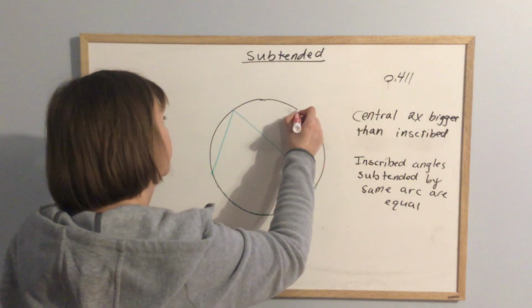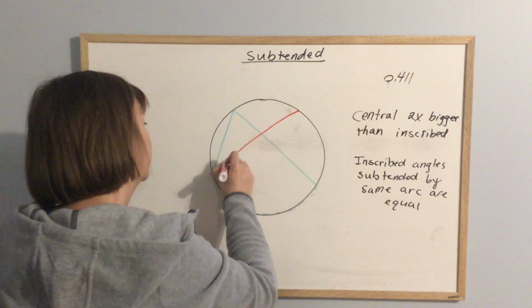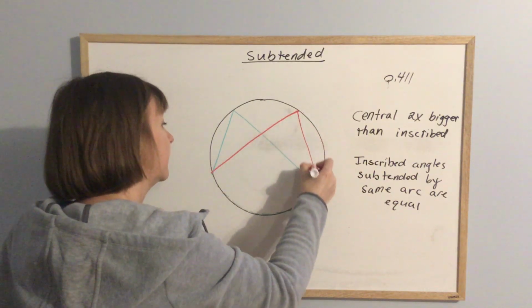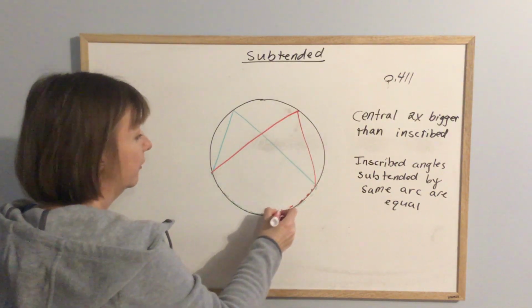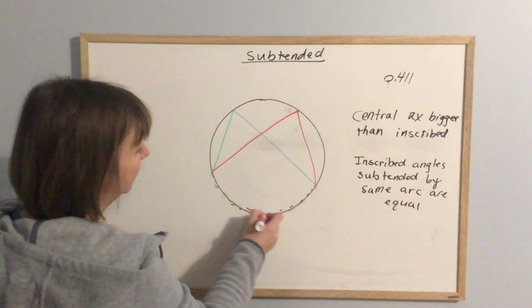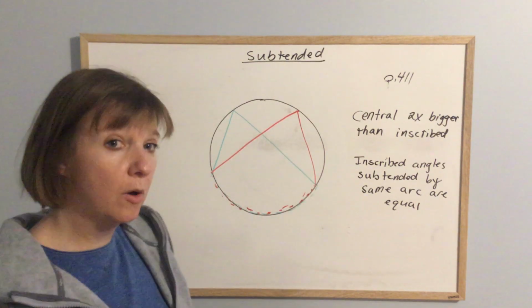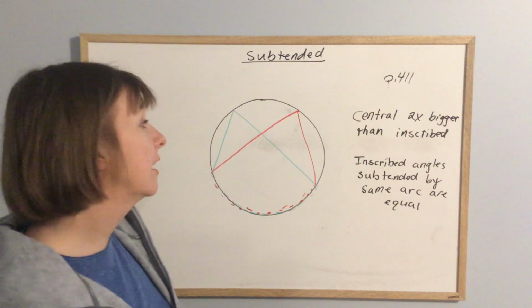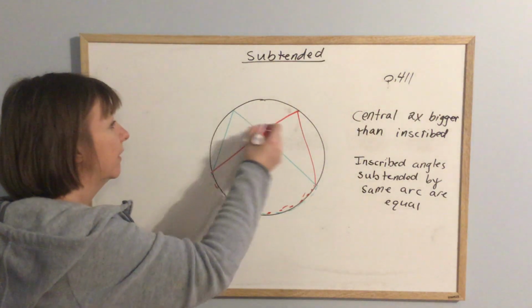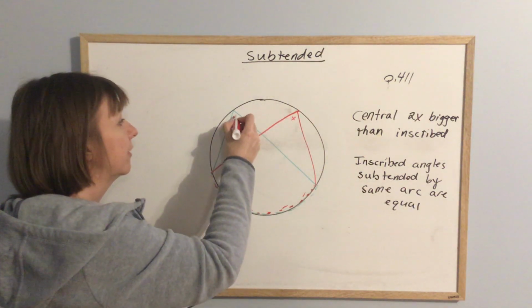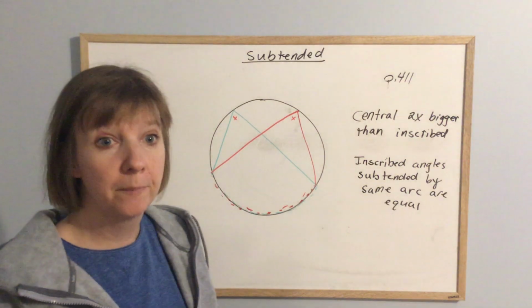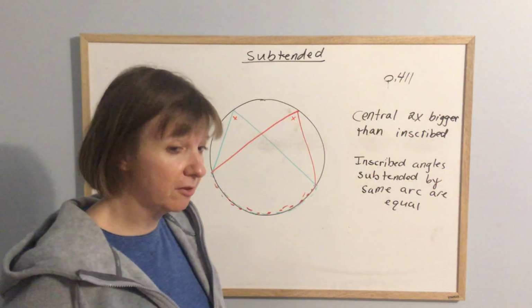Say it was over here. And it came out to here and to here. So it is also subtended, it is also joined by exactly the same arc. That means that this angle and this angle have to be the same. Whatever they are, they have to be the same.